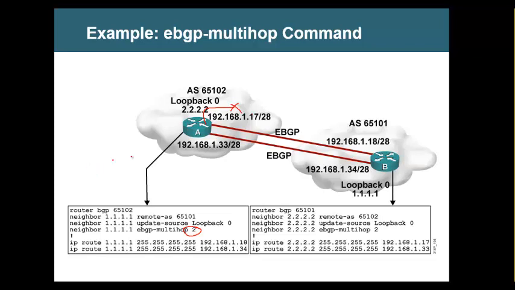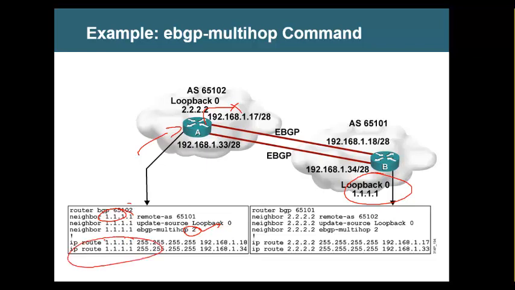And with the default TTL of 1, the neighbor 1.1.1.1 is not going to be seen in the routing table as directly connected. It is not directly connected, it's behind R1. So we have to increase the TTL value.